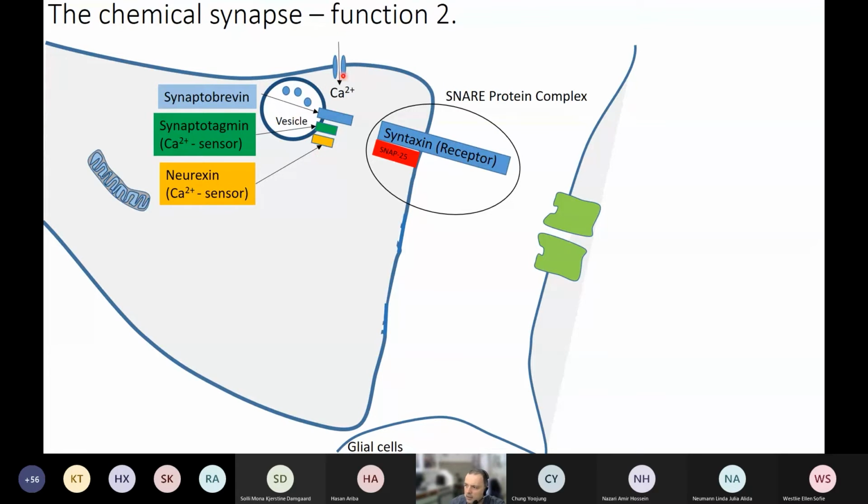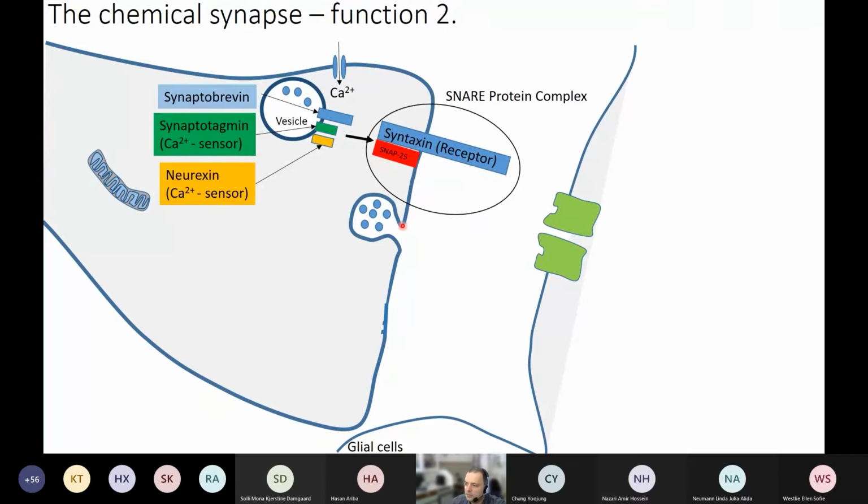And now, if the calcium comes in, that activates the calcium sensors, which activates then the synaptobrevin. And after this activation, it can already dock to the presynaptic membrane density, because the syntaxin will then interact with the synaptobrevin molecules. And this is how the vesicle is then connected to the presynaptic membrane.